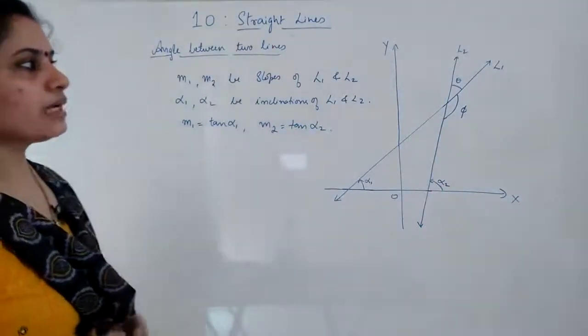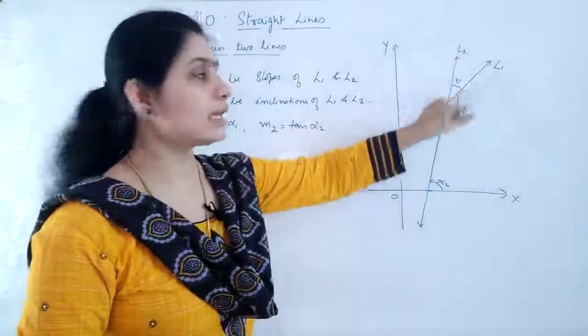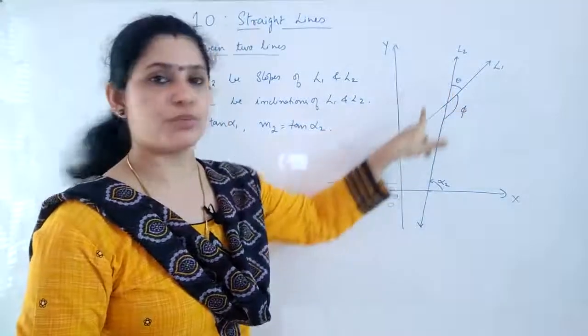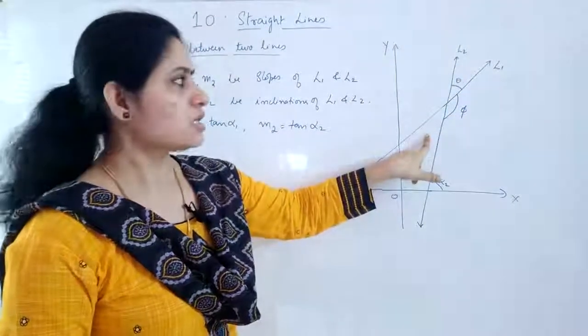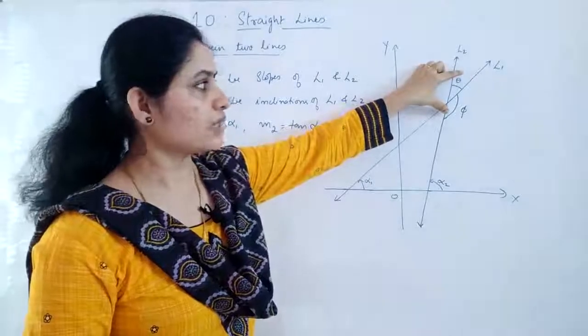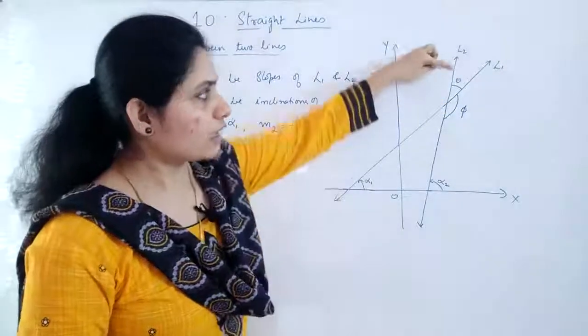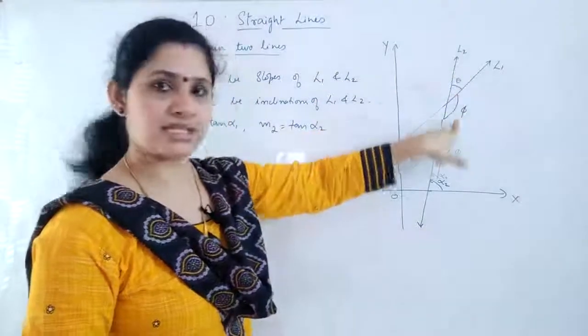Now again we know that when two lines intersect, there will be angles formed and you will get two pairs of vertically opposite angles. That means this is one pair, this is another pair. Of which if you take the two adjacent angles, the sum of them will be 180. Now one will be acute and the other will be obtuse for the adjacent angles, right?